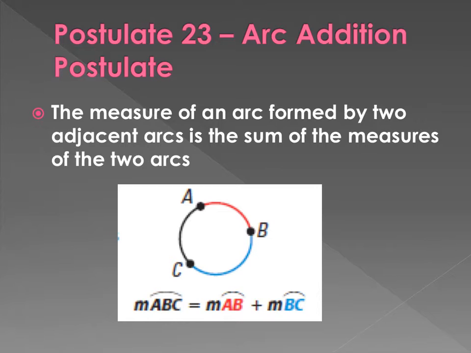So in this case, arc ABC, which goes all the way around this way, is equal to the sum of AB and BC. So that is the arc addition postulate, which we've already used, like you guys actually used it.